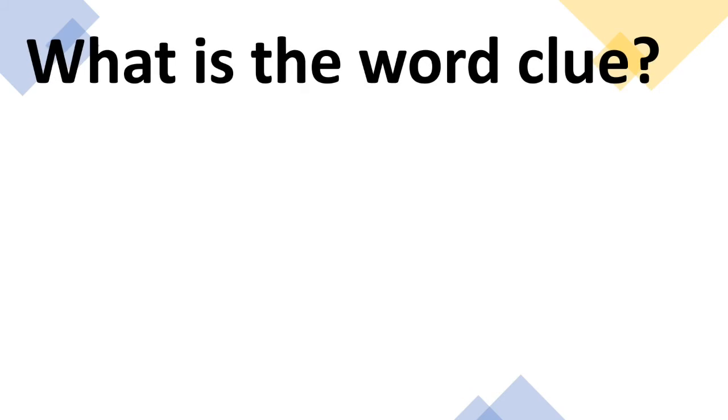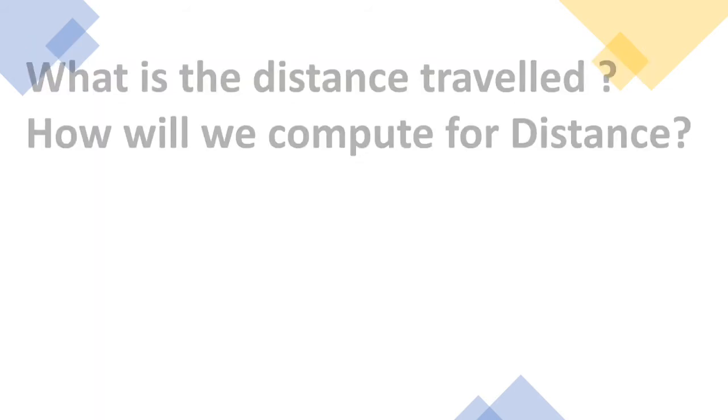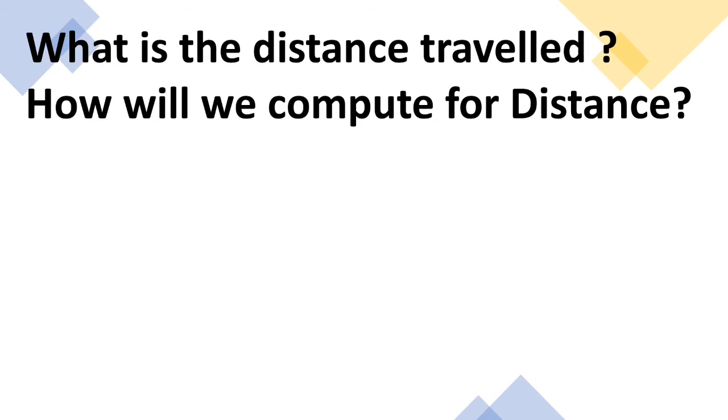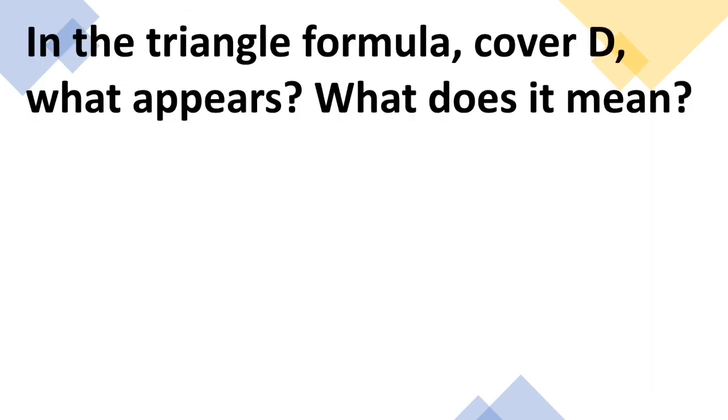So what is the word clue? Okay, the word clue is how far. What is the distance traveled, and how will we compute for distance? Simply multiply the speed and time.